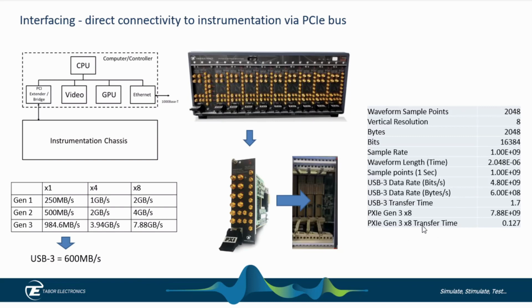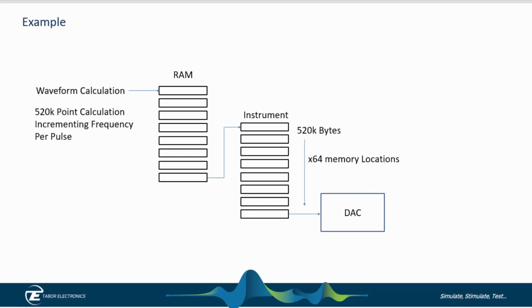And as I said earlier, the PXIe Gen 3 by 8 transfer time equates to about 0.127 seconds to transfer a second worth of data at 1 gigasample per second. So our buckets are always going to stay full. In the following example, I'm going to do a broadband linear frequency modulation. I'm going to sweep this modulation very slowly as well.